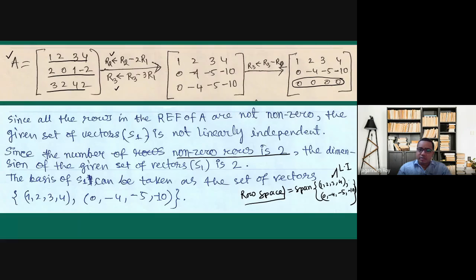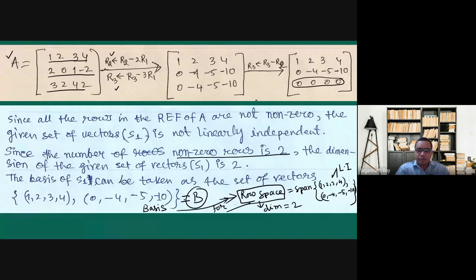So the row space has dimension equal to the rank, 2. The dimension of the row space is 2, and this is nothing but the basis for this row space.